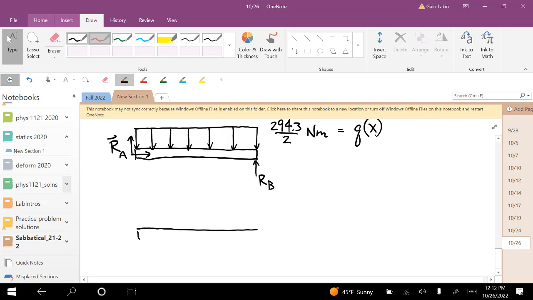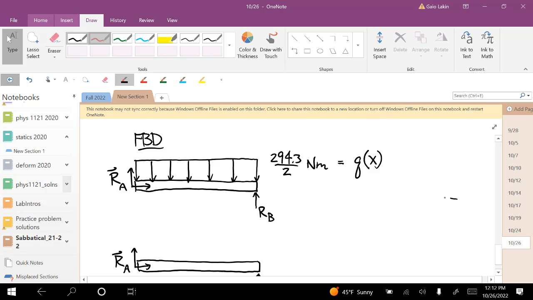So I'm going to write this out again. We have those same reaction forces at the end, RA and RB. And then, well, what can we say about that distributed load? It has a height of 294.3 divided by 2.